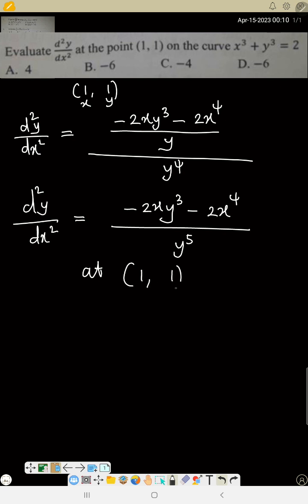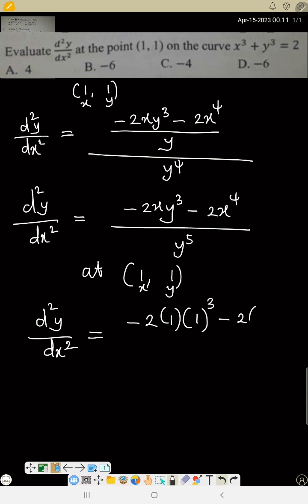So now at (1, 1), meaning s is 1, y is 1, d²y over ds² equals minus 2(1)(1)³ minus 2(1) to the power 4, over y to the power 5. Anywhere you see s and y, put 1, that's it.